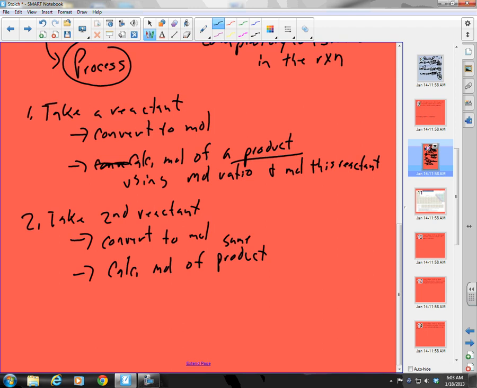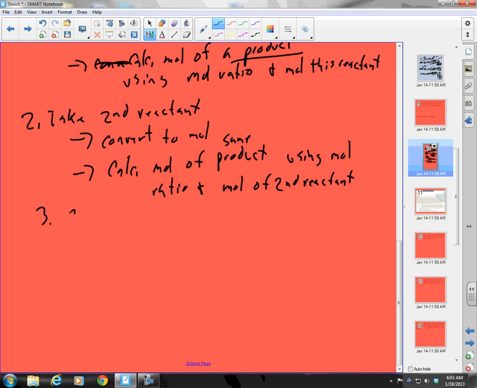Calculate moles of same product using mole ratio and moles of second reactant. 3, compare moles of product calculated in step 1 versus in step 2.